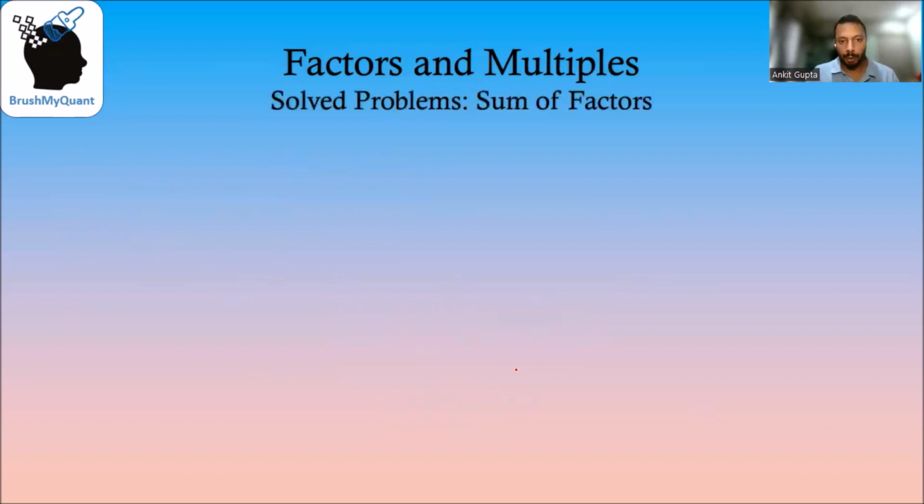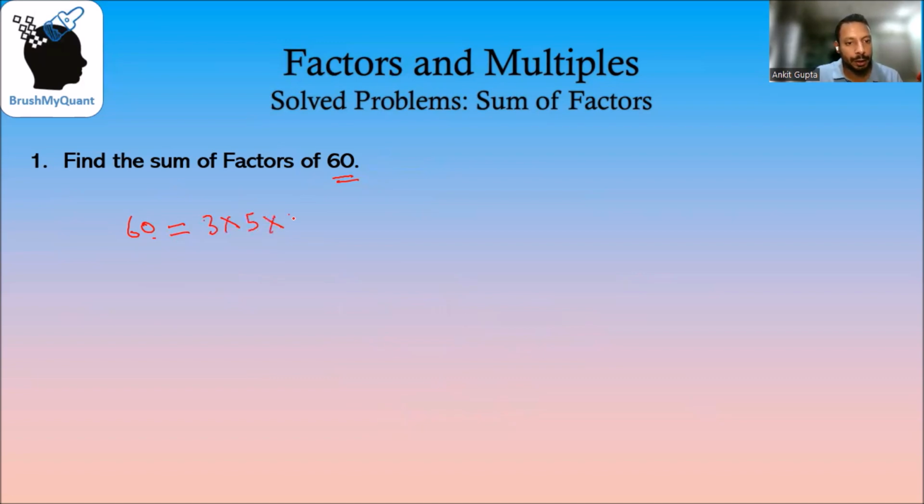So let's try and solve a problem based on this. Find the sum of factors of 60. Let's write 60 as a product of powers of prime numbers. We can write 60 as 3 into 5, which is 15, into 4. And this can be written as 2 square multiplied by 3 raised to 1 multiplied by 5 raised to 1.